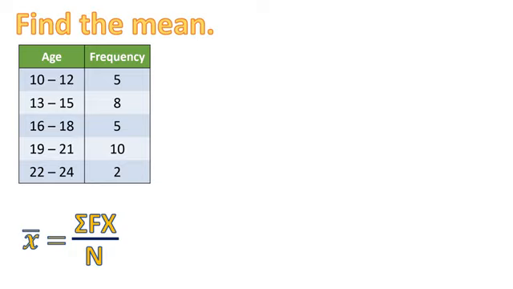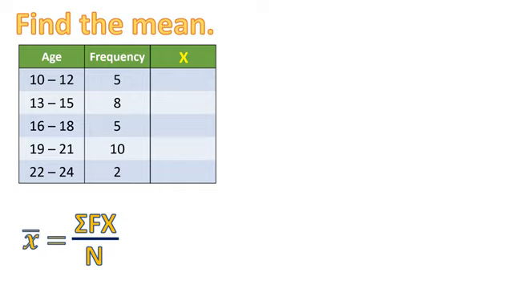So based on the formula, we need to add a column for x. So what is that x column? x is actually the class mark. Sometimes we put cm as a class mark, or x. But for me, I'm used to using x instead of cm since it's only one letter.